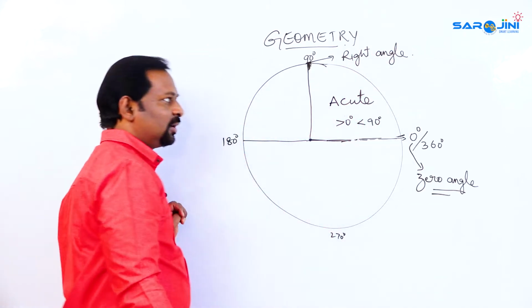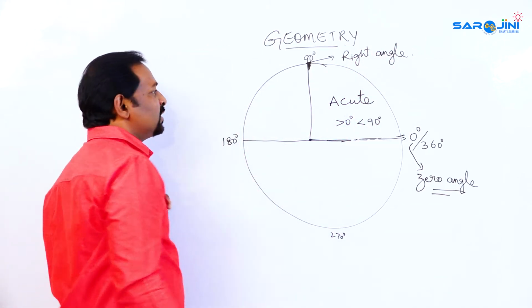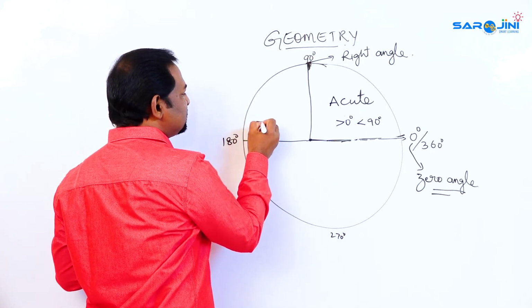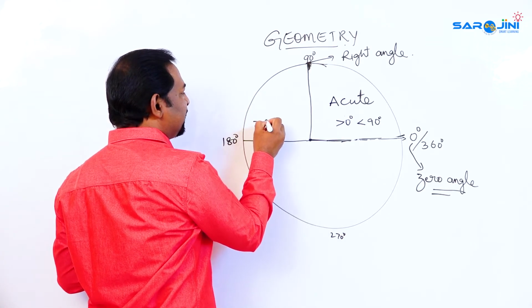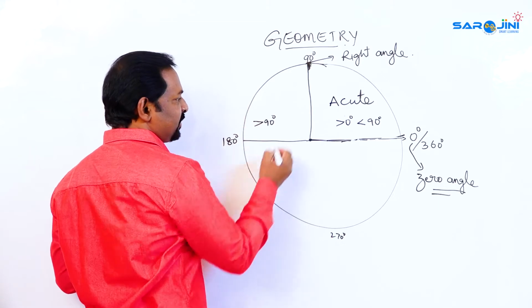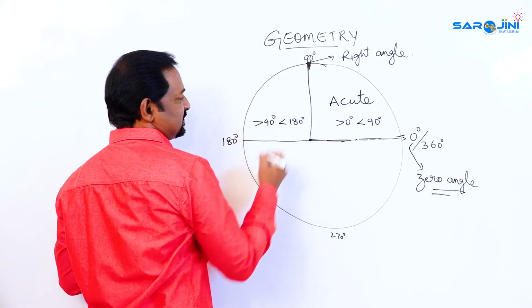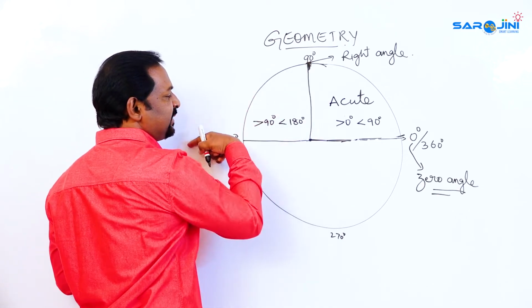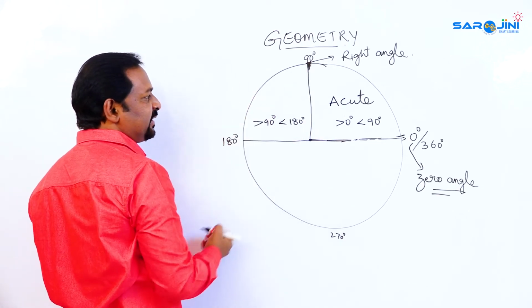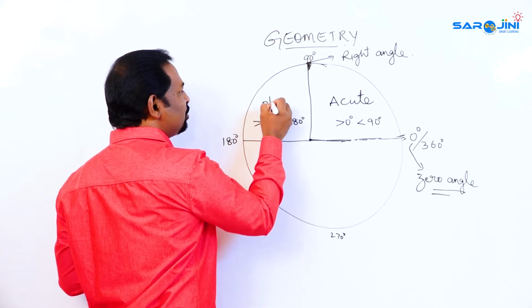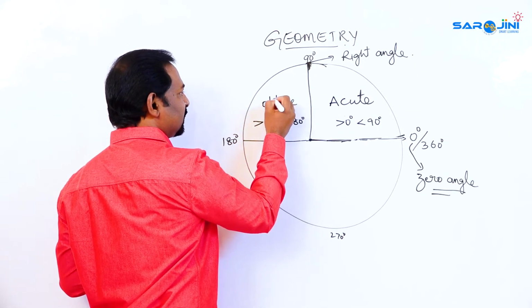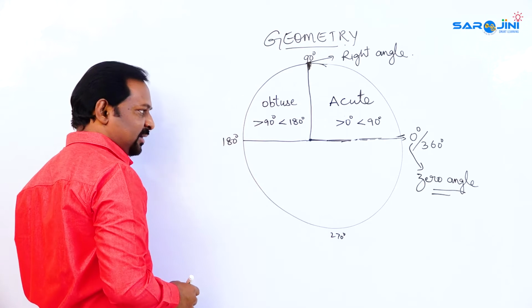Anything which is greater than 90 degrees and less than 180 degrees is called an obtuse angle.